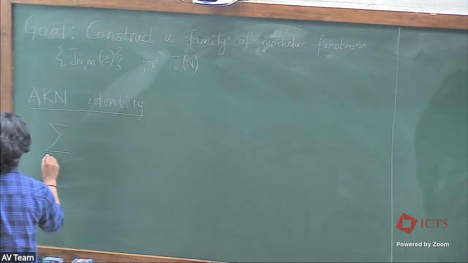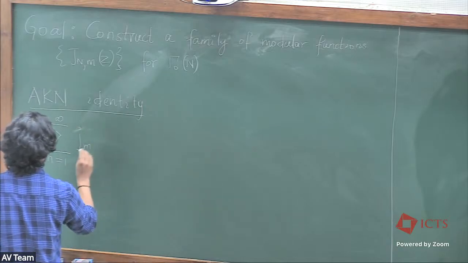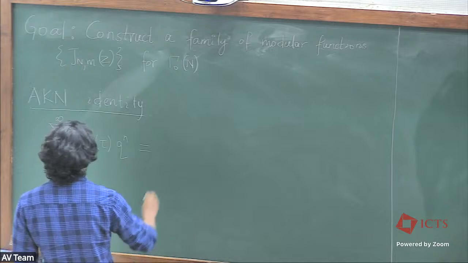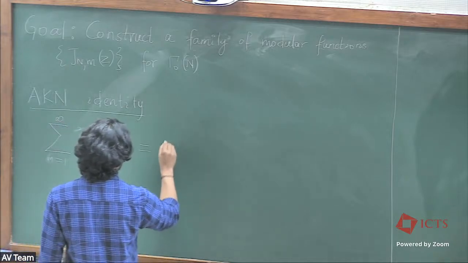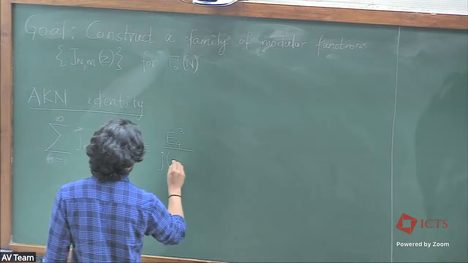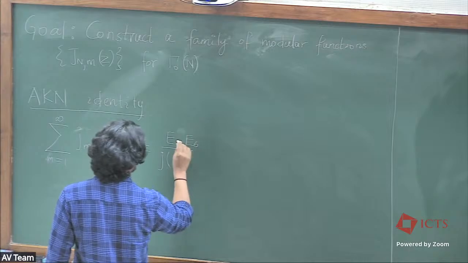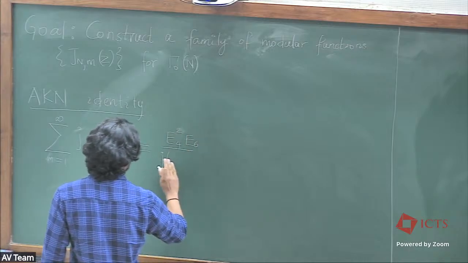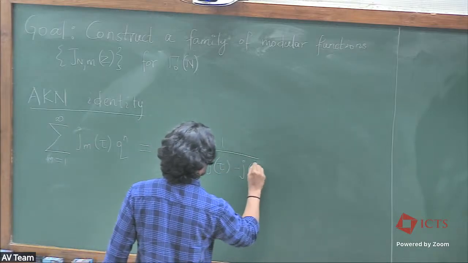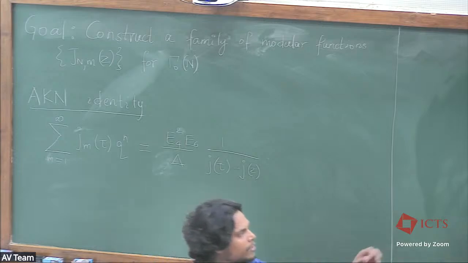If we consider this sum, then this is equal to this. This identity can be used to prove the monster denominator formula.